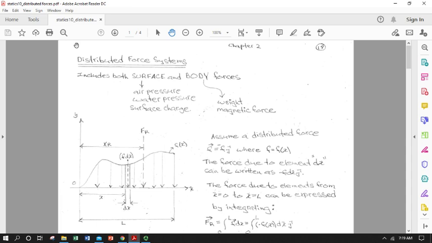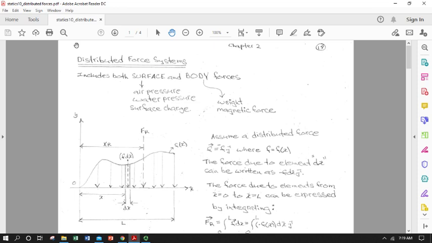These come in two flavors. One is a surface distributed force and the other is a body force, and these have very practical applications all over the world of engineering. Surface forces are things like air pressure and water pressure. If you have something underwater, like at the bottom of a tank holding water, the pressure exerted by that fluid, that hydrostatic pressure, is a distributed force over the surface of whatever you've made the tank out of.